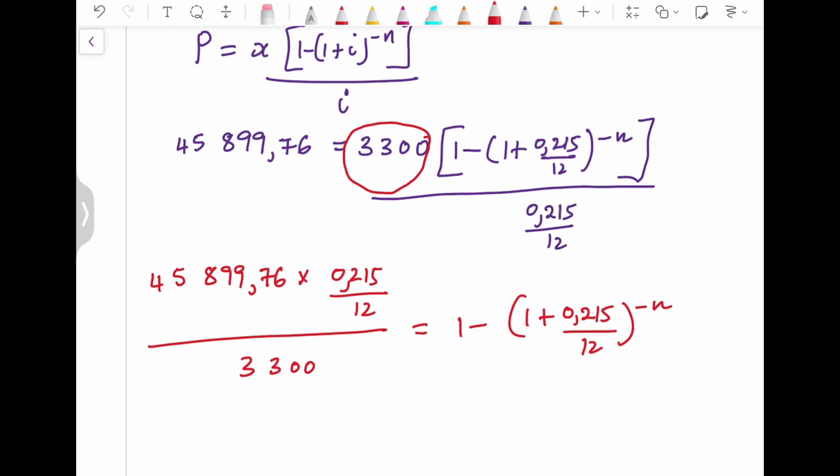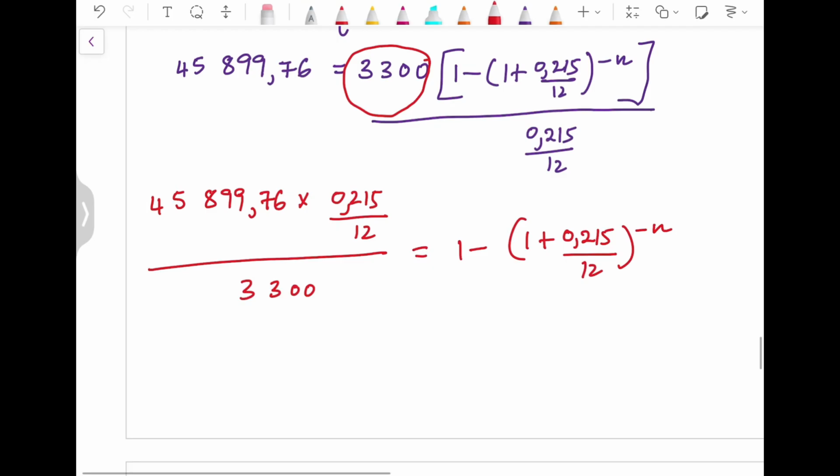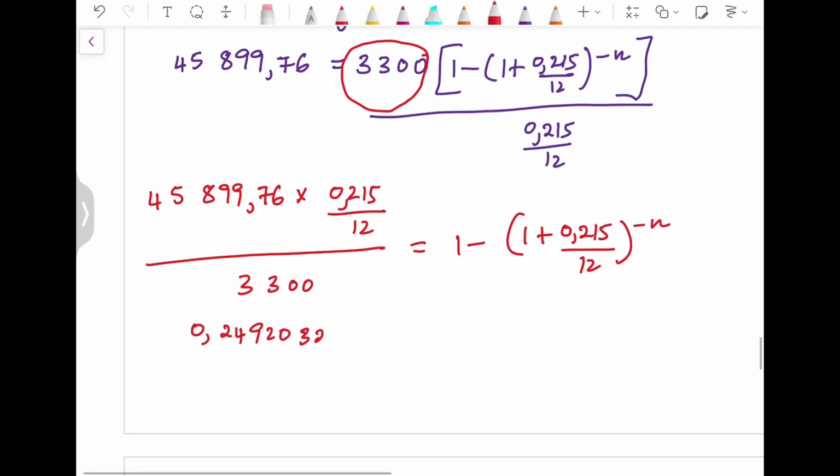And this one will give me 0,24920324 36 is equal to 1 minus 1 plus 0,215 over 12 to the exponent negative n, and then transpose 1.